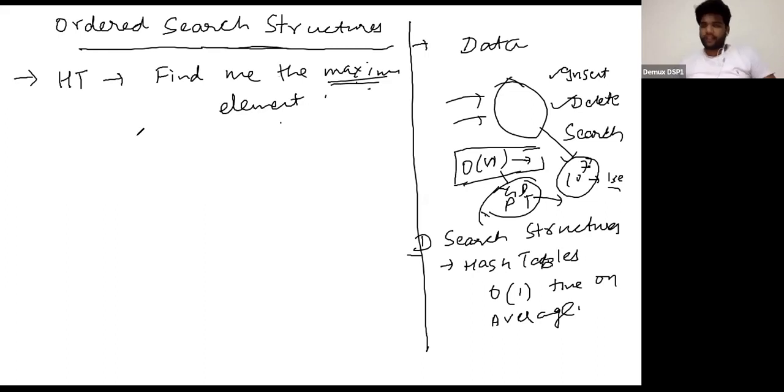So how much time will it take? Order n, right? Everyone understands. You have to go through the entire hash table and find the maximum.